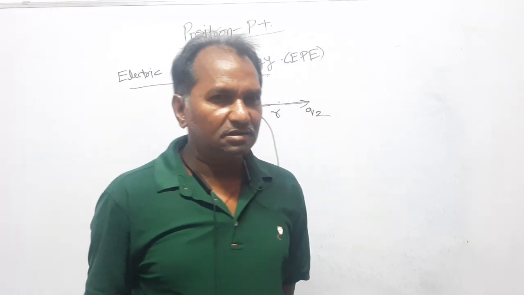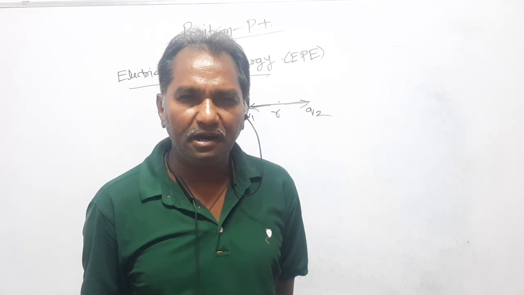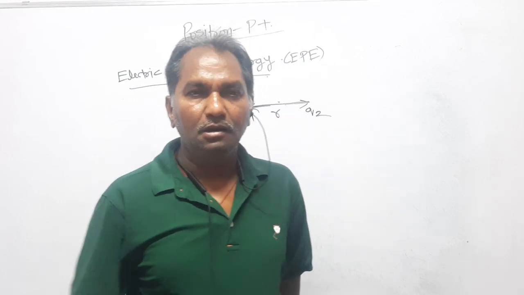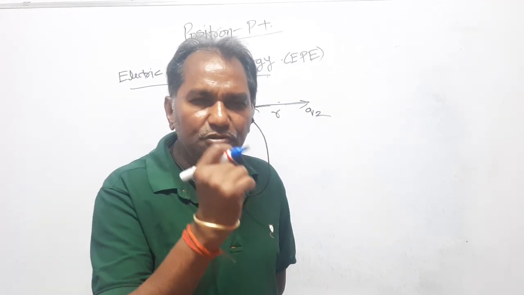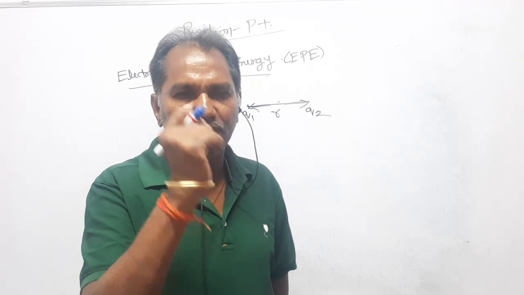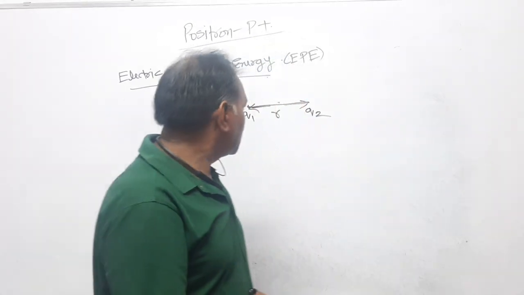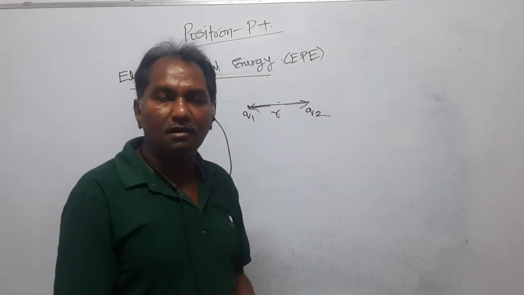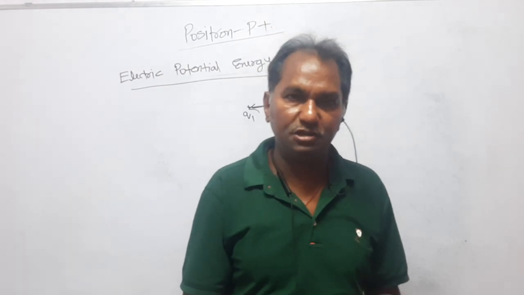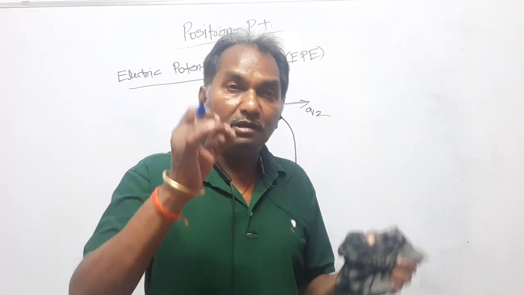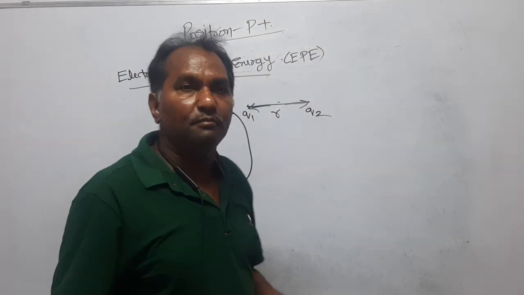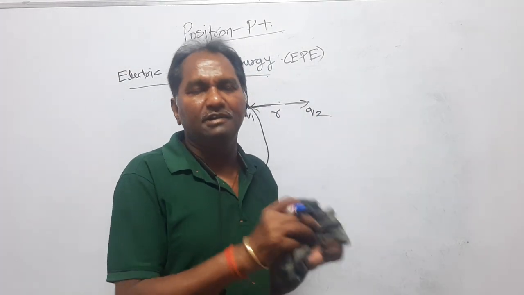You say the potential at a point is defined as the work done in bringing a unit positive test charge from infinity to that point. In a similar way, how will you define the EPE, electric potential energy? It is the work done in bringing these charges from infinity and assembling them.